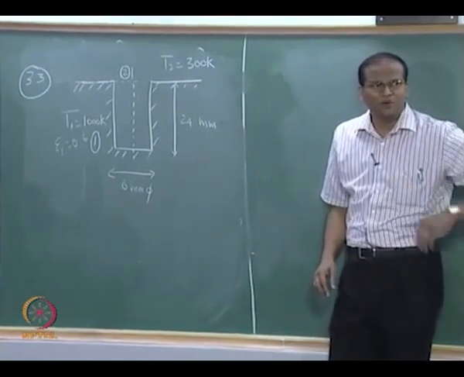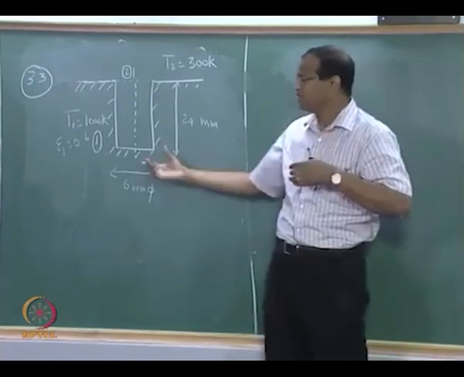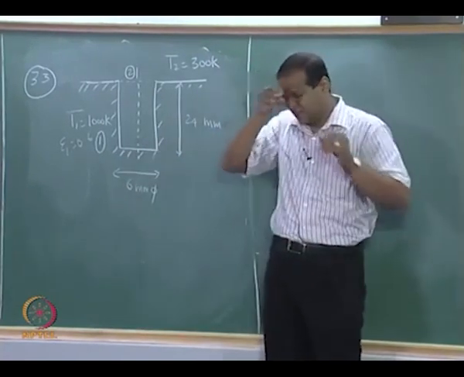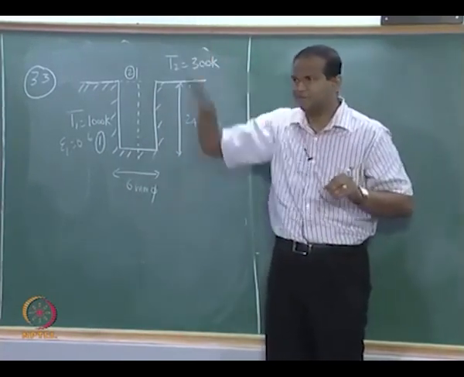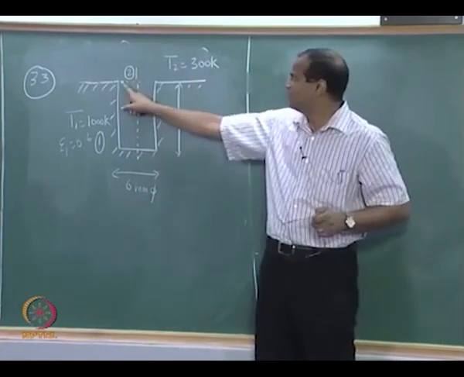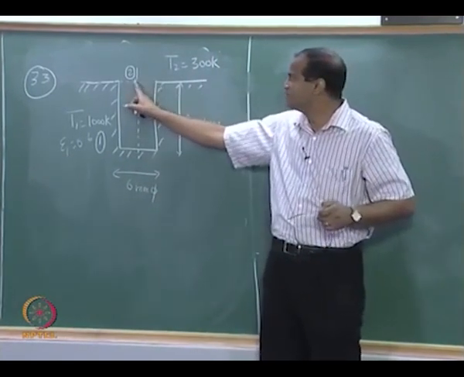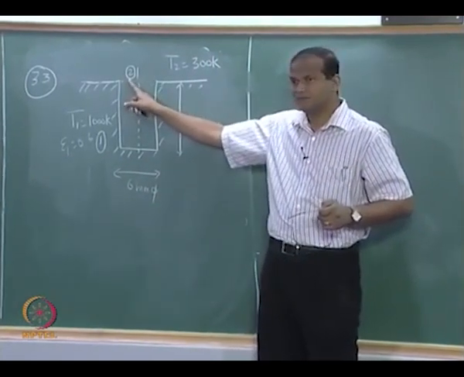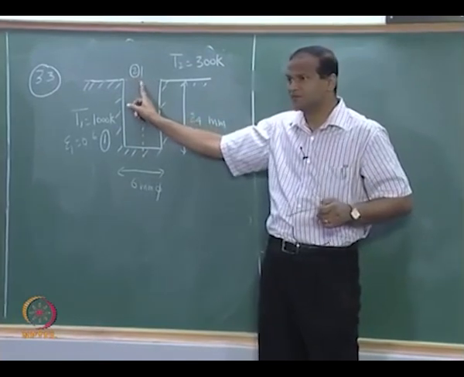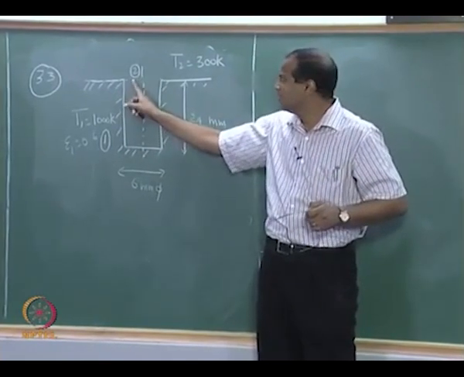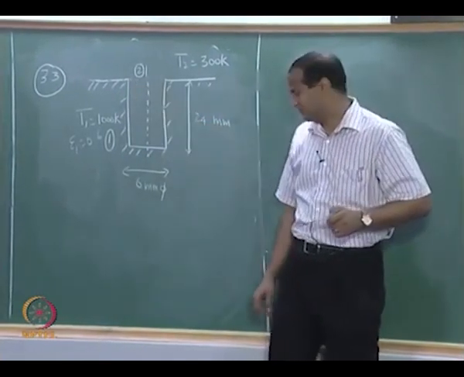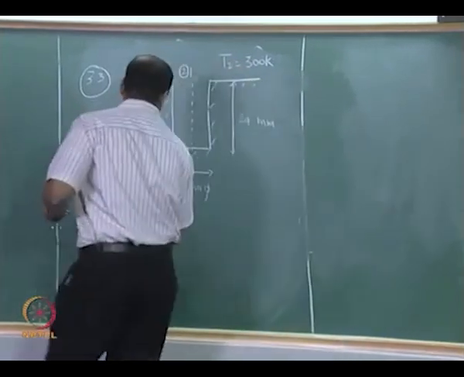But the beauty of this problem is, suppose this hole were not there, and you have this surface alone, you just have the surface 2. That is, you have something like this.